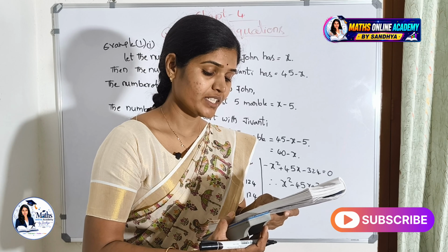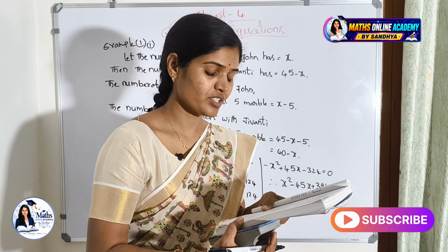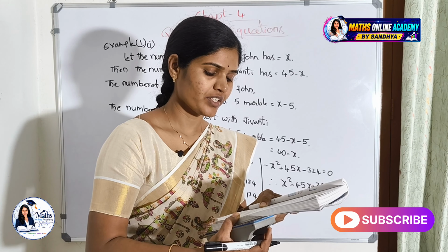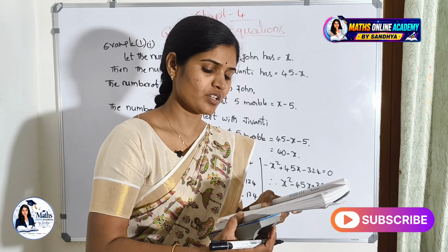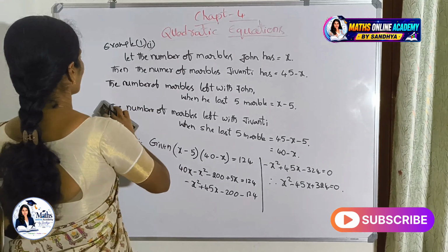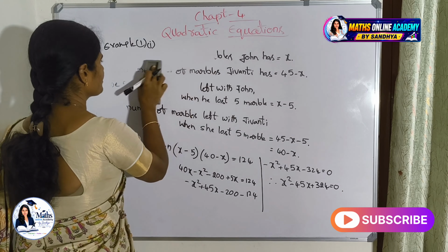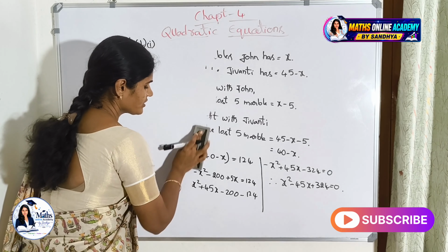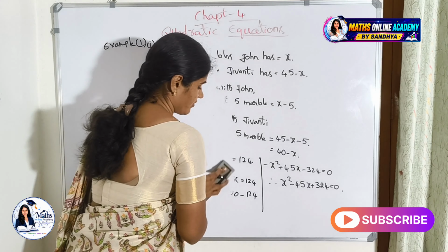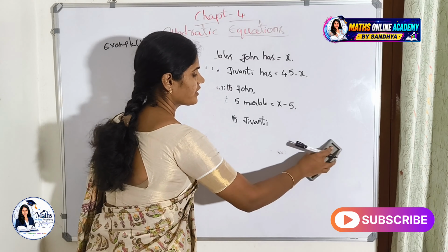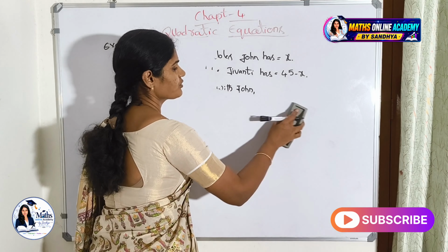In a particular day, the total cost of production was 750. So we would like to find out the number of toys produced on the day. Here, we don't know the number of toys produced in a day, and we don't know the cost of the toy either.